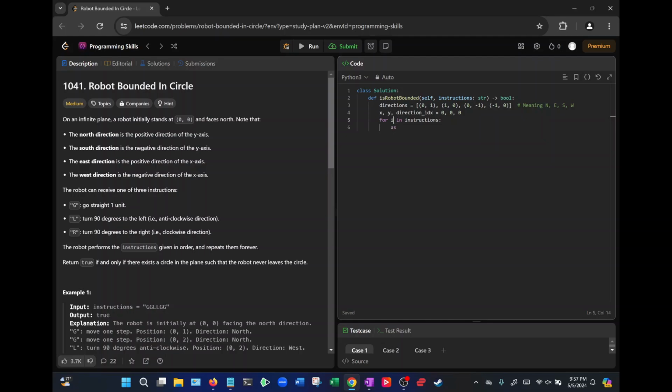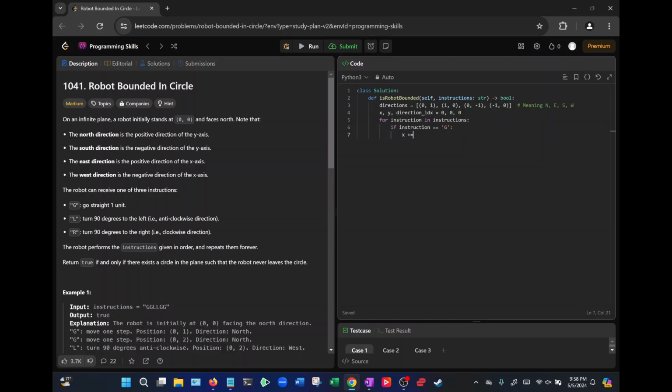Actually, let's just do instruction. It doesn't take too much extra typing. So for each instruction, if this instruction is G, then we're going to go forward one direction.